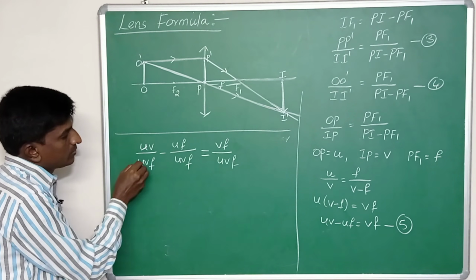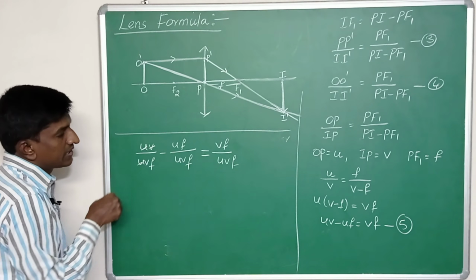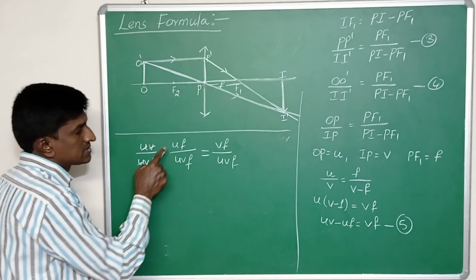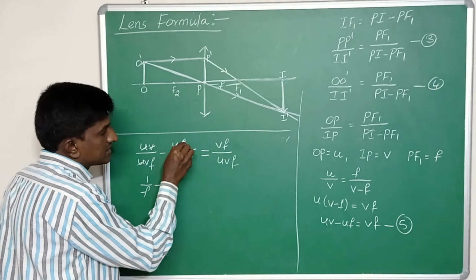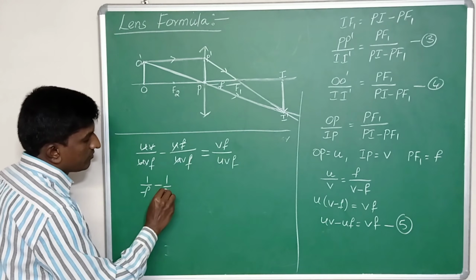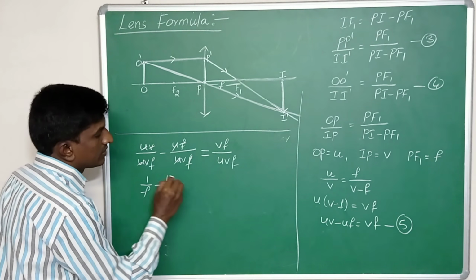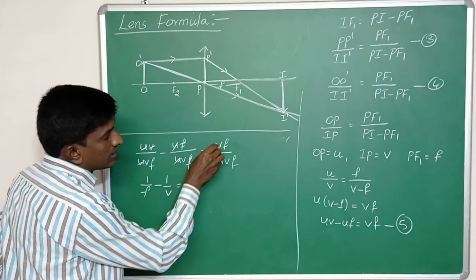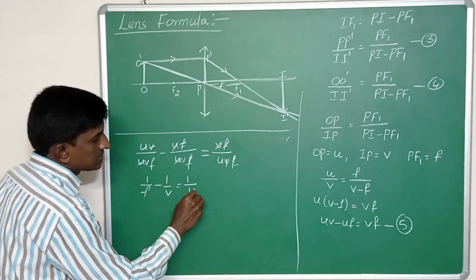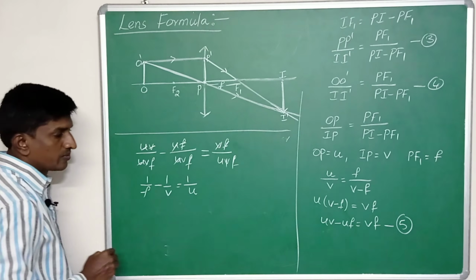Here u gets cancelled, v gets cancelled. Remaining is 1 by f minus, u gets cancelled, f gets cancelled, remaining is 1 by v, equal to v gets cancelled, f gets cancelled, remaining is 1 by u.